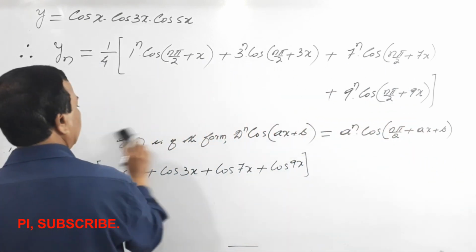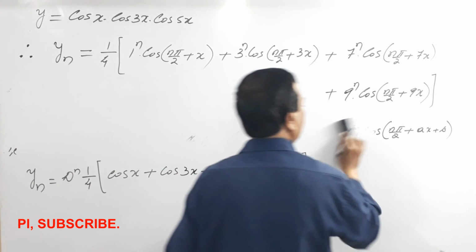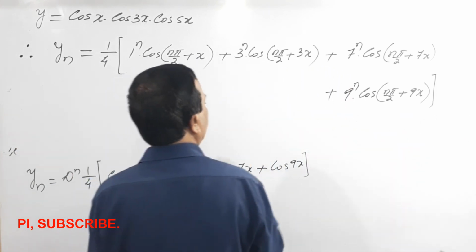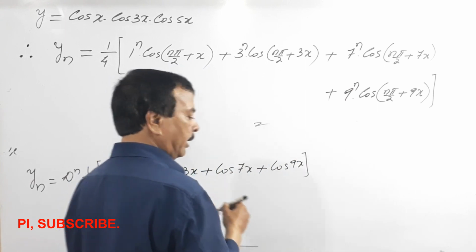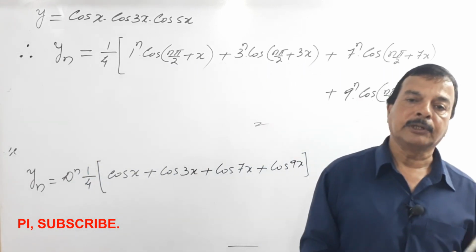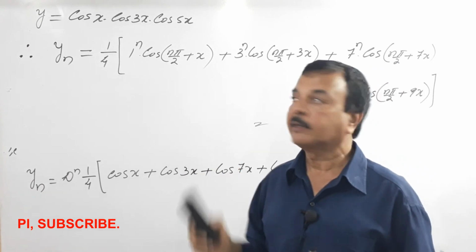So this is the required nth derivative for cos x into cos 3x into cos 5x.